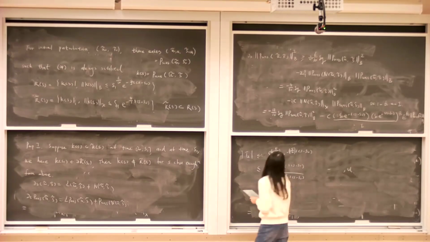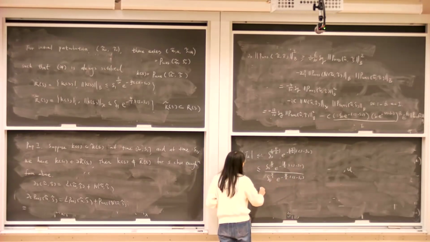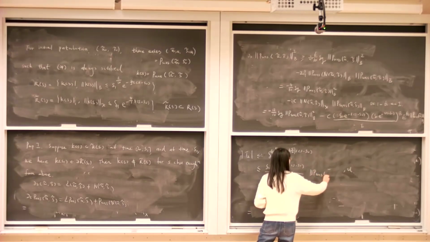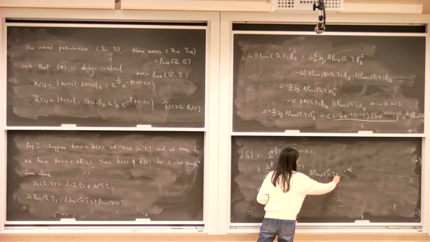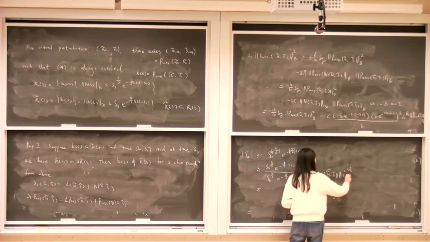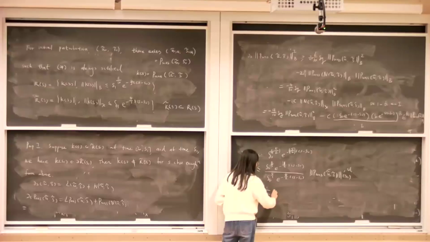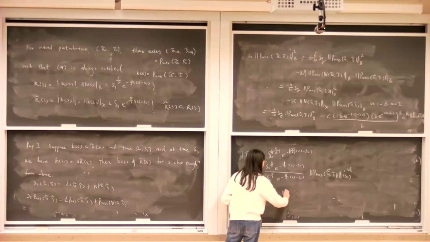So this will give you a very small constant, which is less than or equal to, let's say, 1/200 delta G times the boundary.